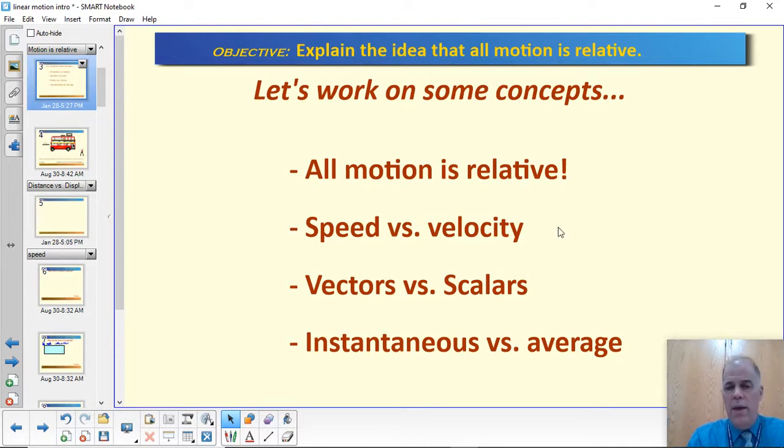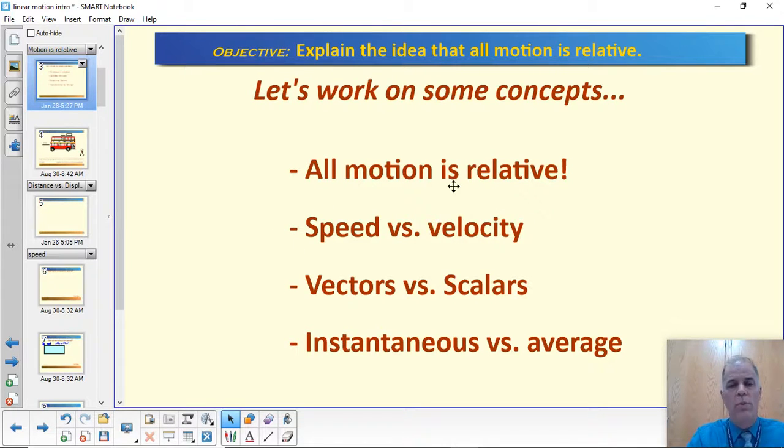And also with this speed versus velocity, I mentioned at the start of this course that vocabulary is very important in physics, to even be able to understand questions, or be able to understand what you're being asked, or be able to understand the conversation.